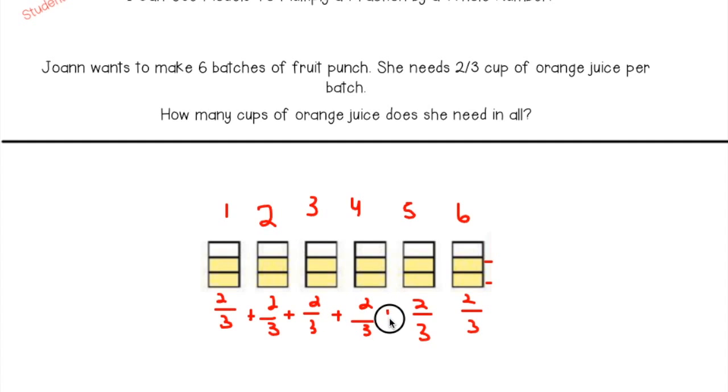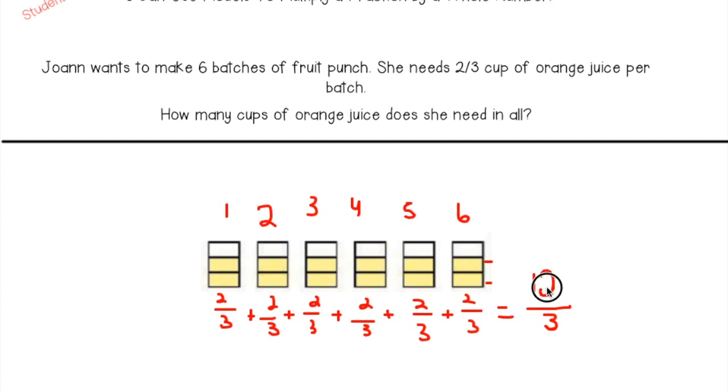That always stays the same when I'm adding. So that's 3. And then I'm going to add my top, my numerator. So 2, 4, 6, 8, 10, 12 thirds.